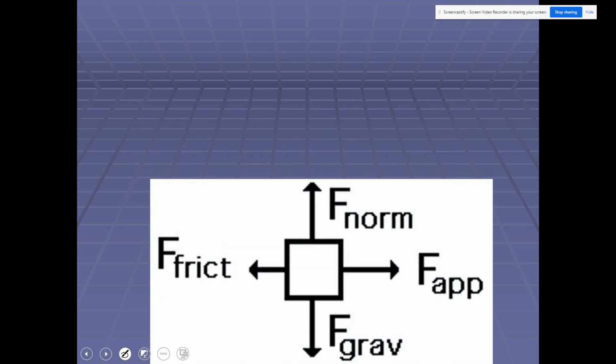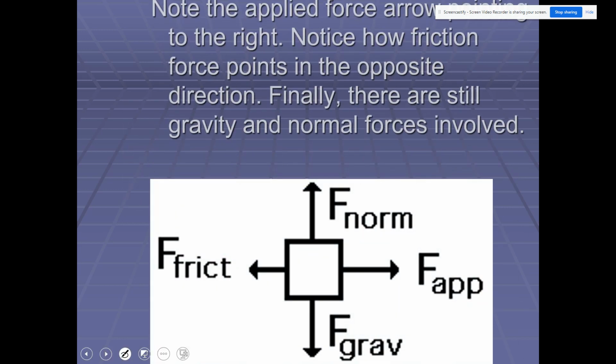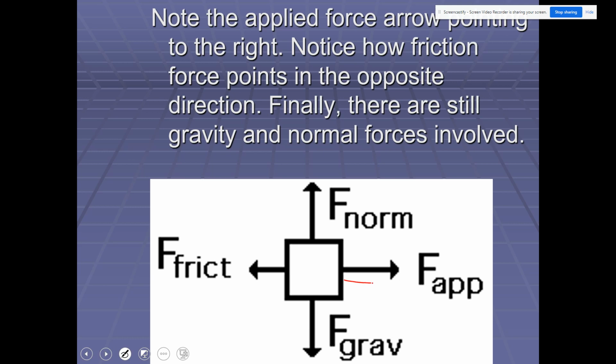And you would be right. It would look something like this. Notice that the applied force, this arrow, is a little bit longer than the frictional force. So therefore, there's an acceleration, a change in motion, and it's moving faster to the right than it was before. Now, if it was sitting at rest, it would be moving across the table. If it was in motion, it would then be speeding up across the table.